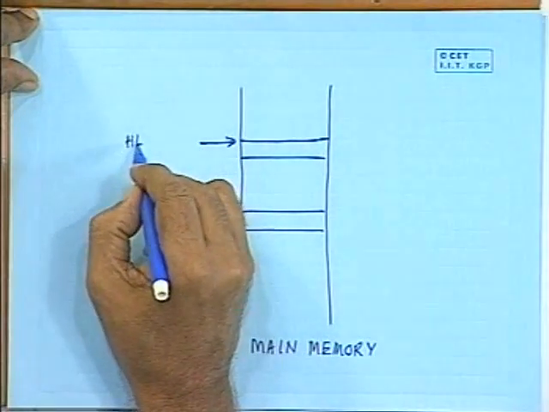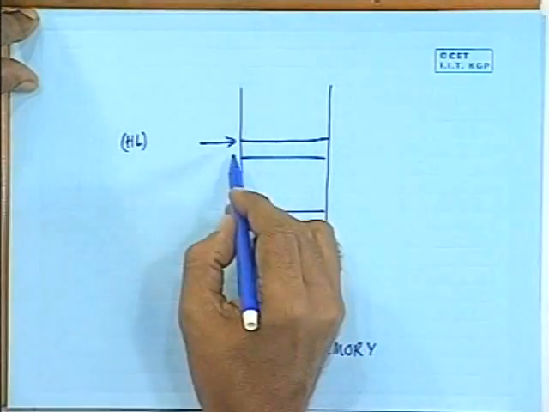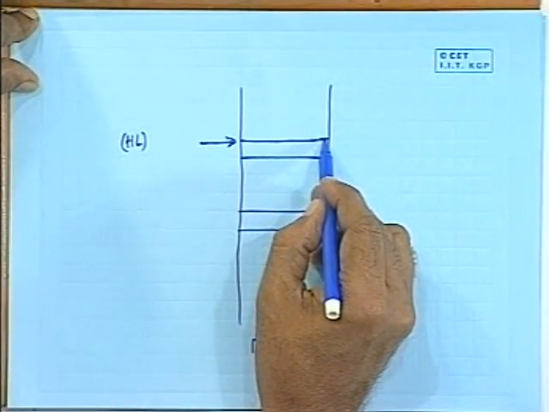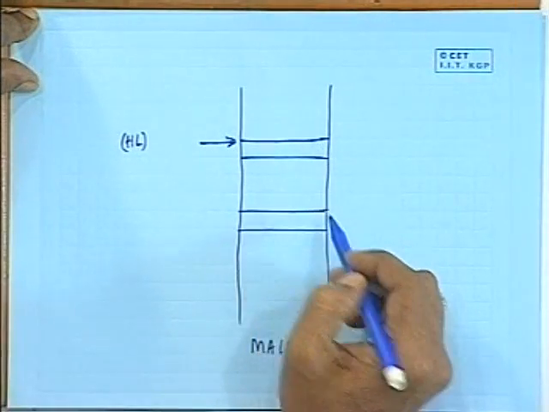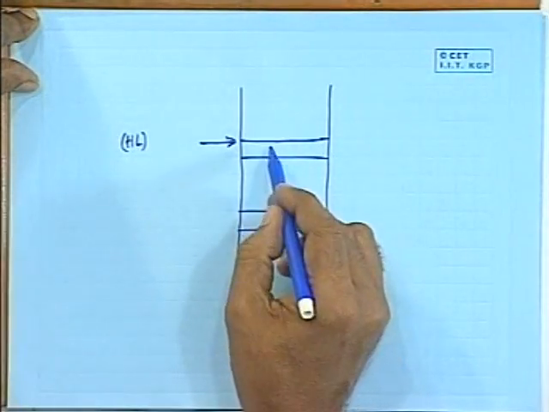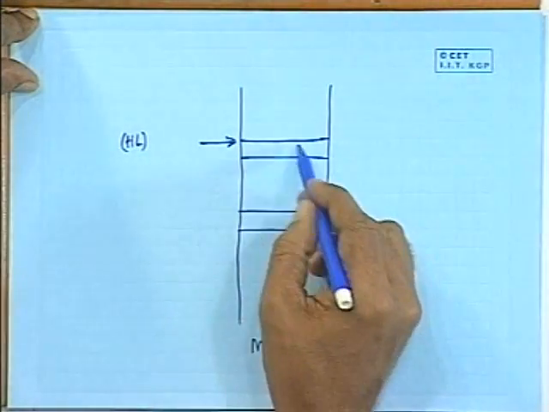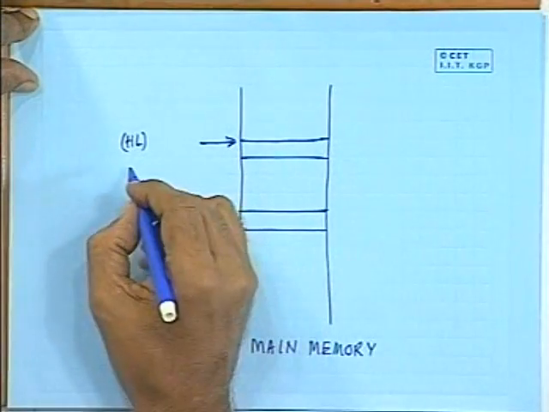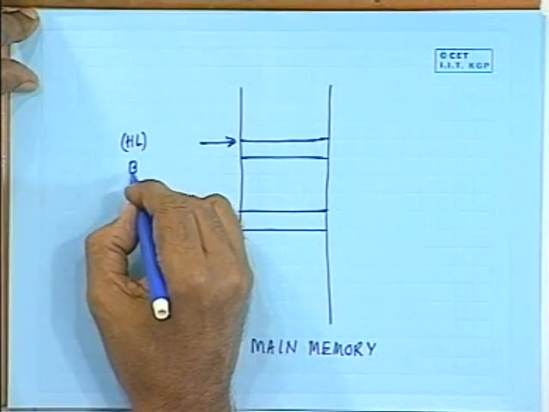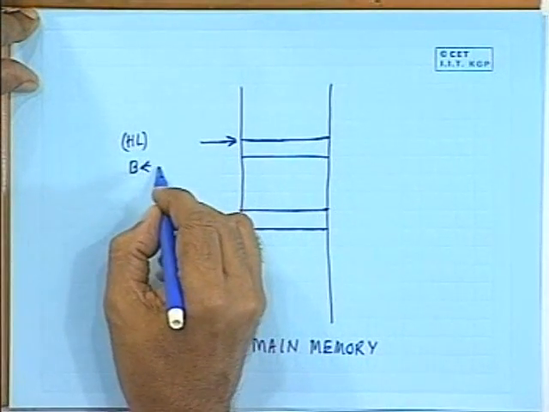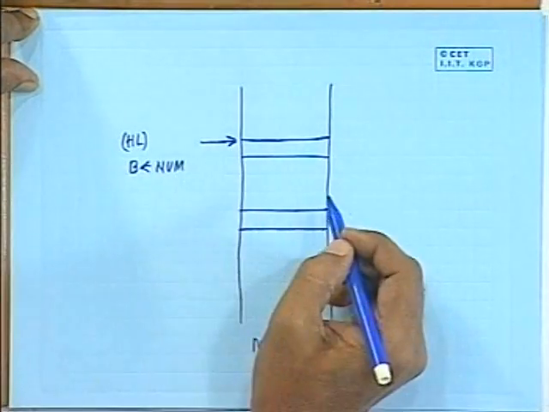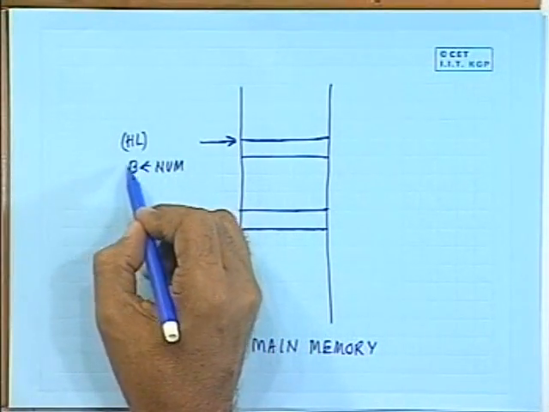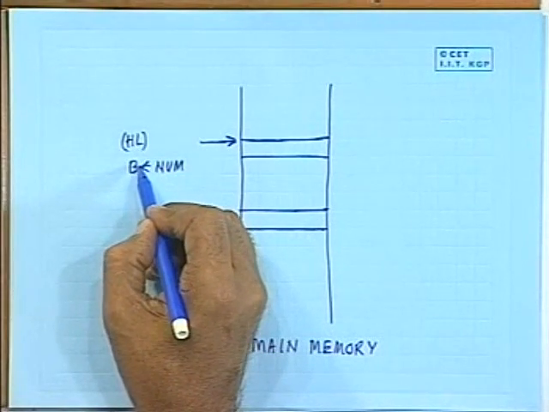Usually the HL register pair is initialized as a pointer to the beginning of the parameter address, I mean the array values, and the number of elements you have got can also be passed on by using another register. So that will hold the number of elements.